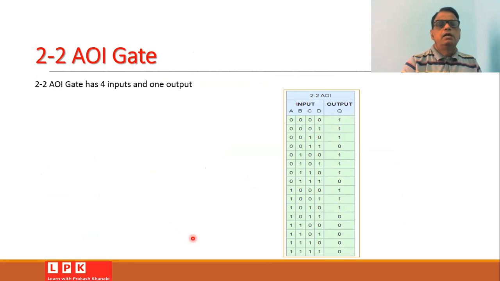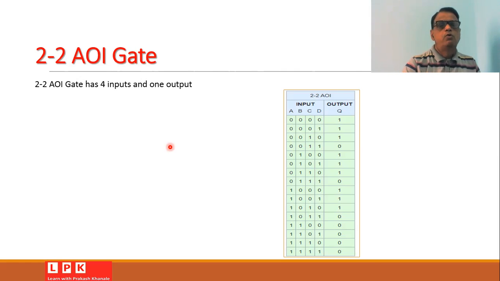It is possible that whenever we think of any AOI circuit, this circuit can be implemented by using the SOP gates, and these gates can have different forms. Say, for example, we can have a 2-2 AOI gate.